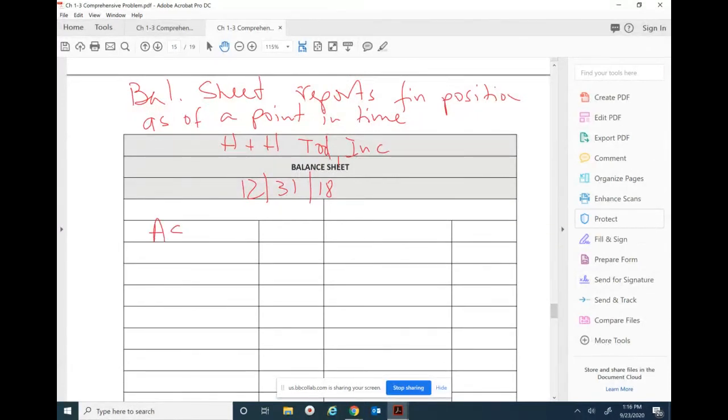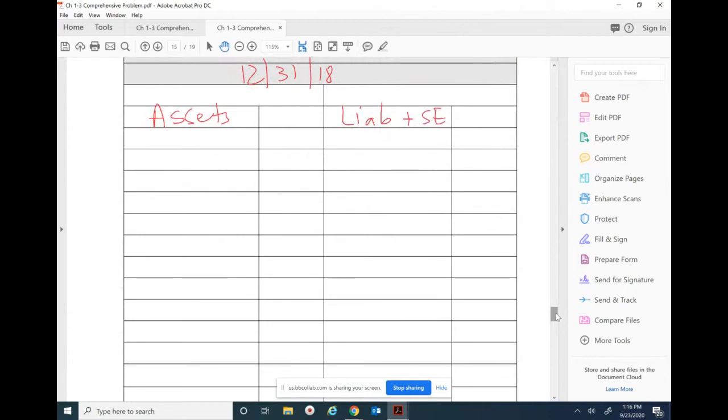We call those resources assets. And everything that the company owes, we call that liabilities and stockholders' equity. The two sides of the balance sheet have to match. Once we total up all the assets, they have to equal the total liabilities plus stockholders' equity. So let's go ahead and make the balance sheet.